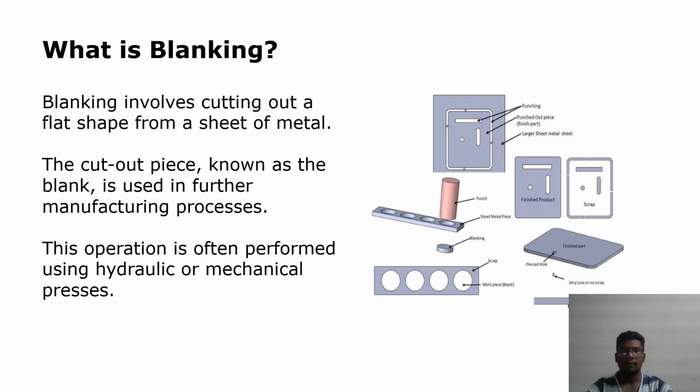By using steel metal, we can place the object in the hydraulic or mechanical press and press the material. We can see on the right side how the blanking will be done, and it is used for further materials by the blanking process.